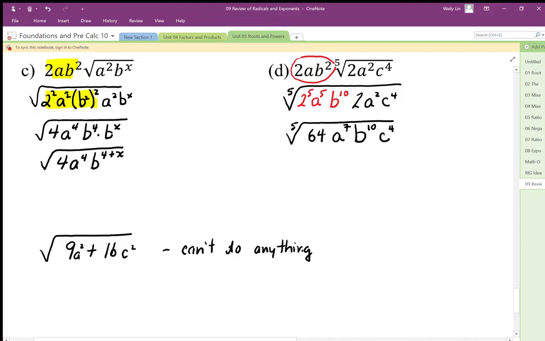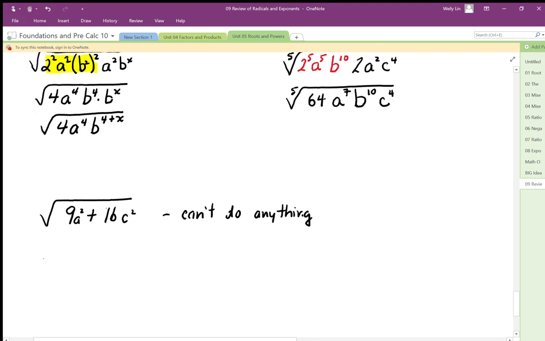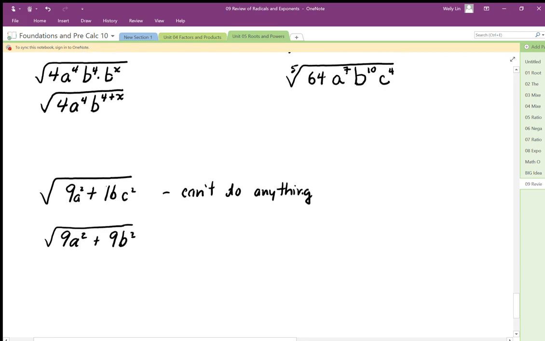When we can apply powers is if we have multiplication. So if I had something like this, on the other hand, 9a squared plus 9b squared, I cannot apply the square root across that plus.